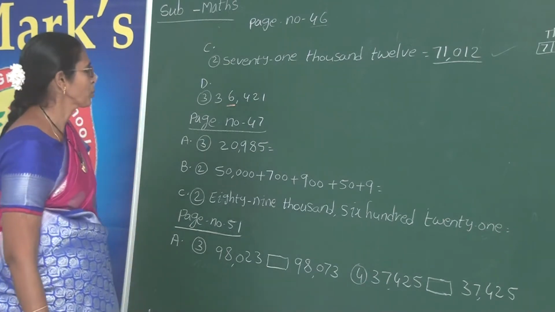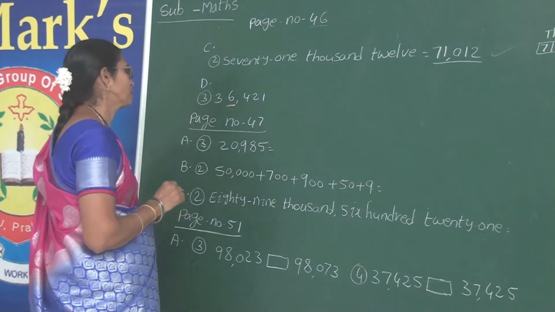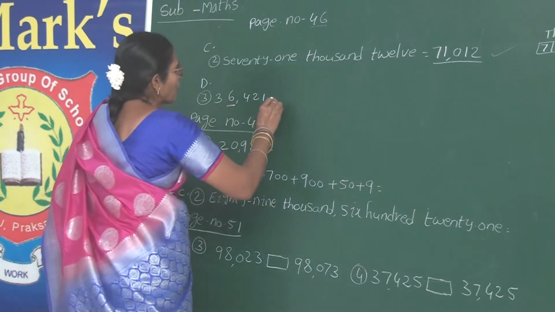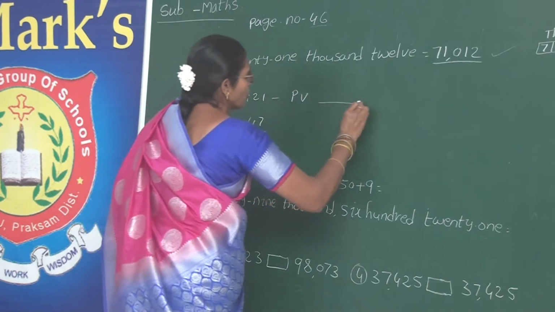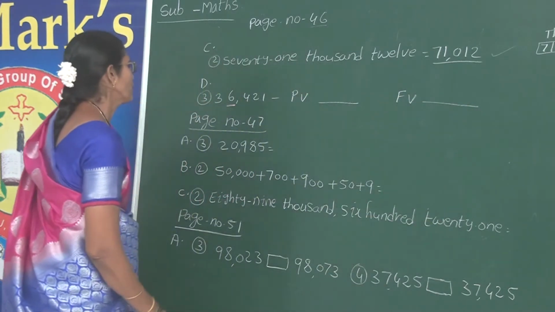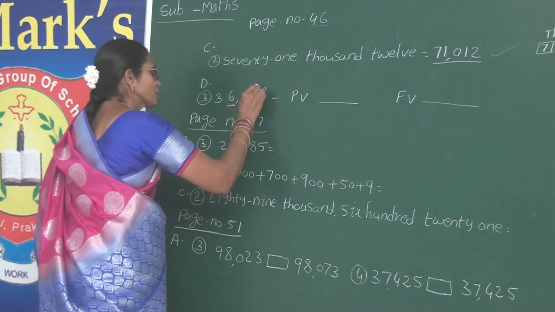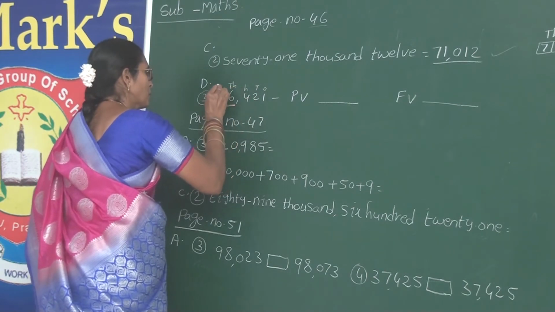If wrong is there, you have to erase it and correct it. Okay. Next, come to the next Roman, D Roman. D Roman, third question I have given. Here, what is the place value and face value? Here ones, tens, hundreds, thousand, 10,000.